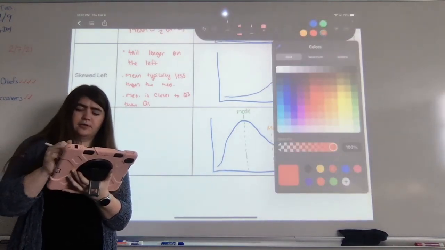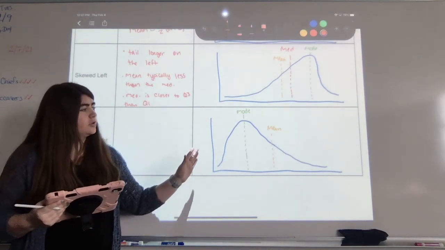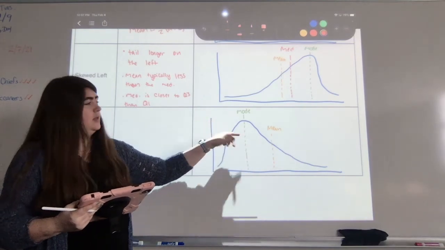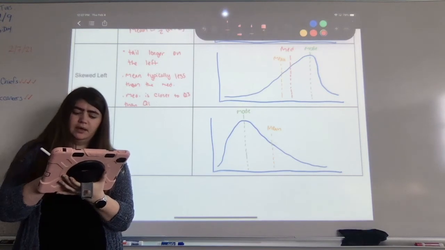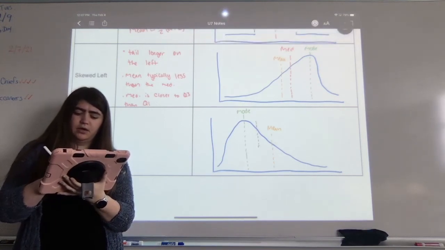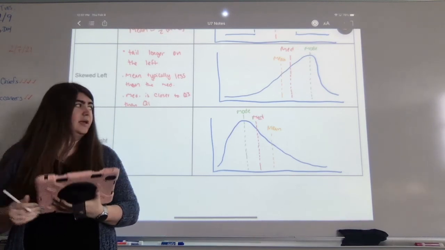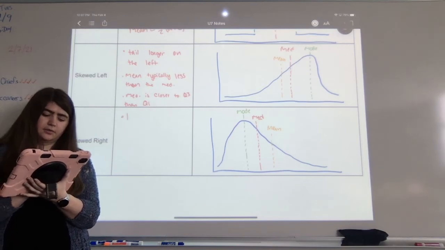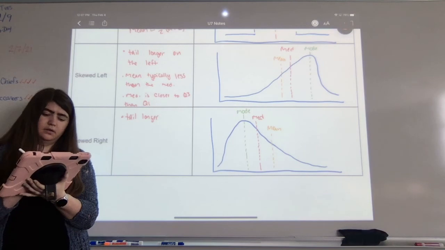And then we also have our median, which is going to be closer to Q1 in this situation and further to the left than the mean. So our median, our middle data point, might be somewhere right around there. And to describe what's happening here, the tail is longer on the right as opposed to the left. Tail is longer on the right.